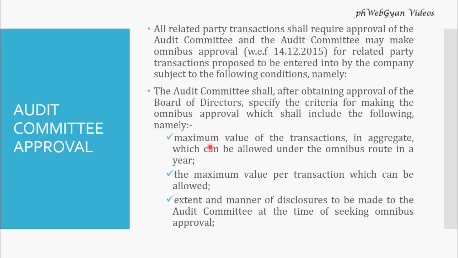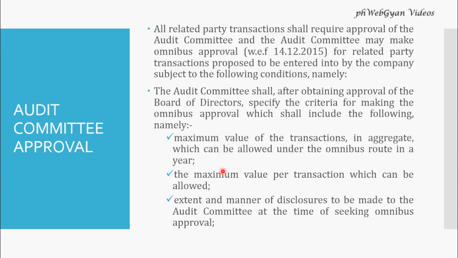First of all, the maximum value of transactions in aggregate which can be allowed under the omnibus route in a year. It simply means the value of the complete transaction, that is the aggregate sum of all the transactions entered by a company with its related party. Then the maximum value per transaction which can be allowed.